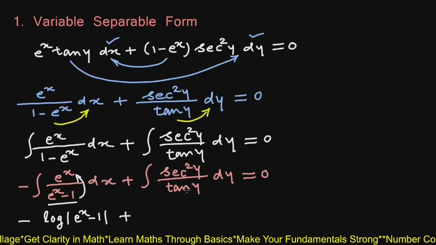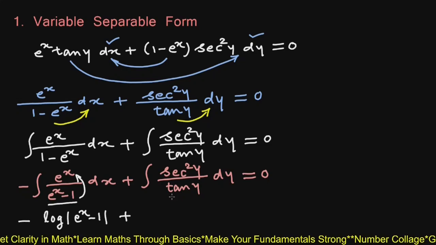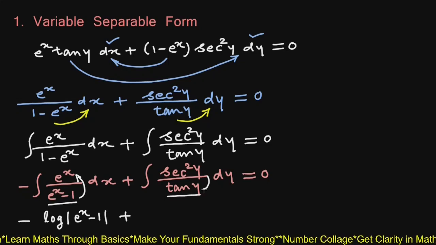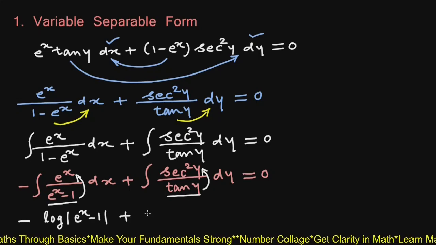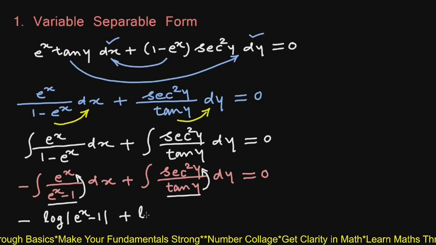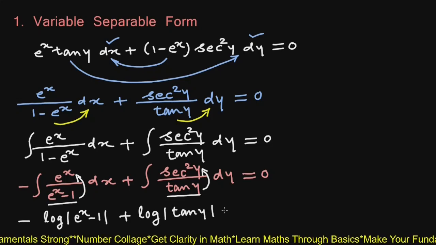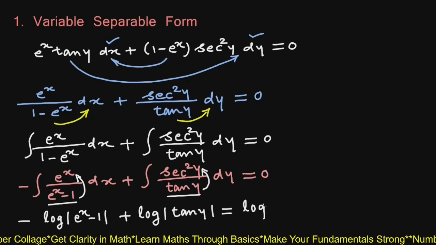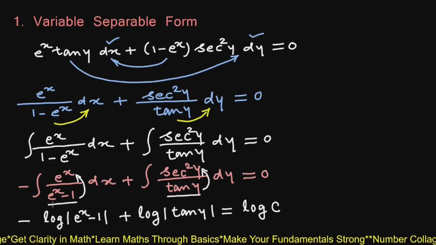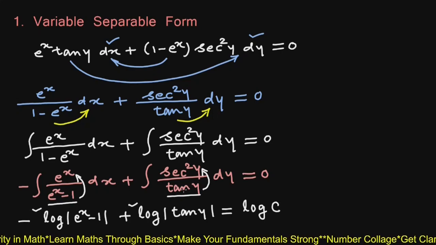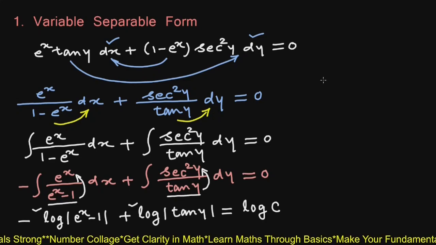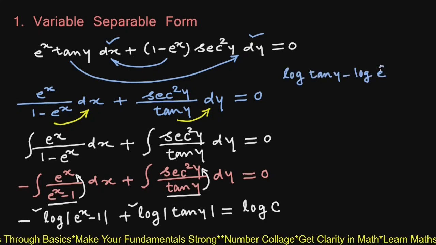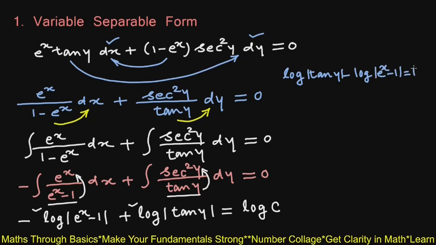Here also derivative of the denominator, that is derivative of tan y, is sec square y, which is found in the numerator. Therefore this integral will also be log mod tan y equals, in place of constant of integration we will write log c. This is because there are log terms on the left hand side also. This further will be log tan y minus log e raised to x minus 1 equals log c.